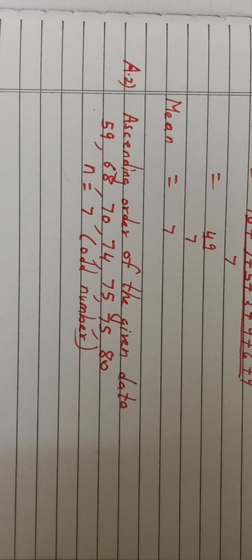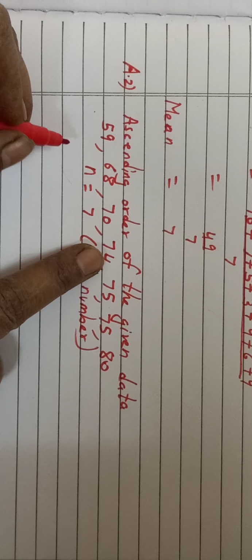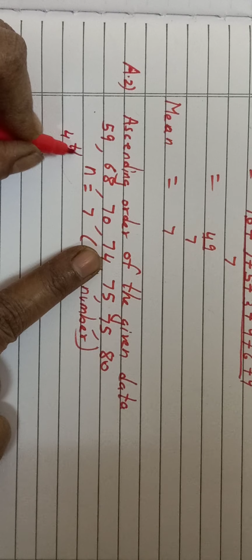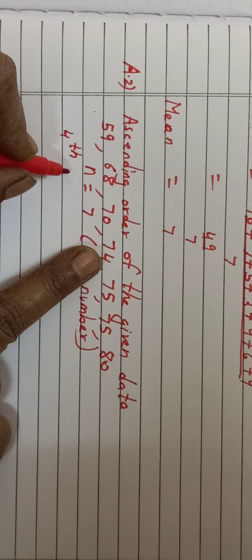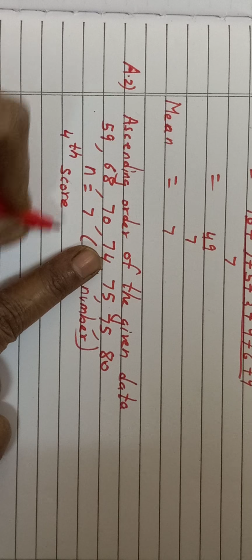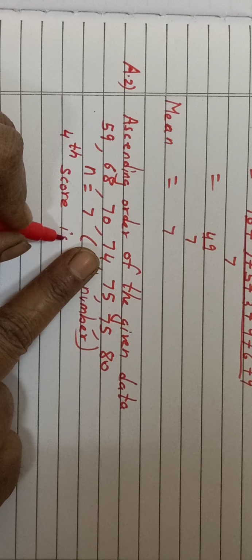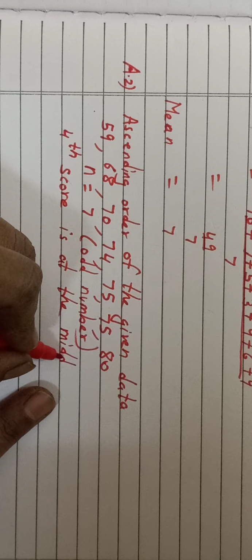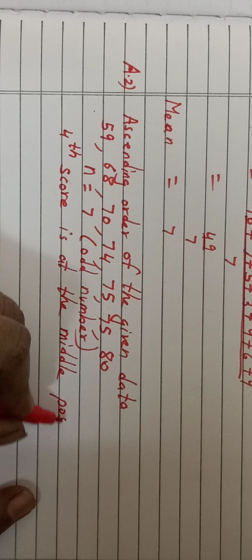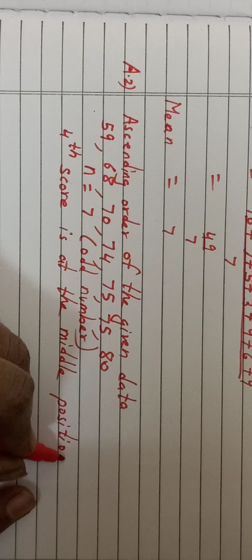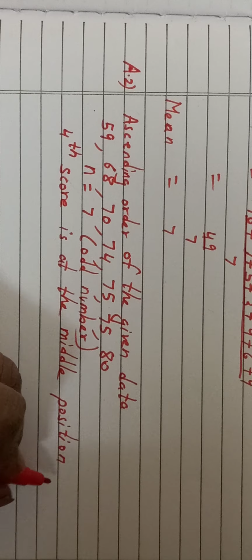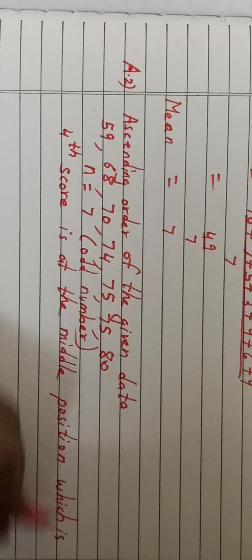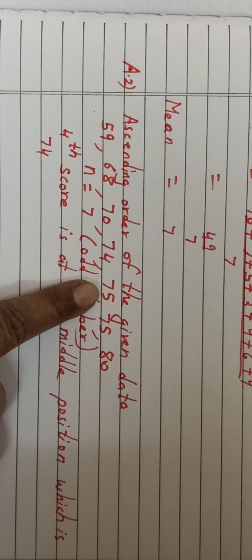So we will write the sentence: the fourth score is at the middle position, which is 74.